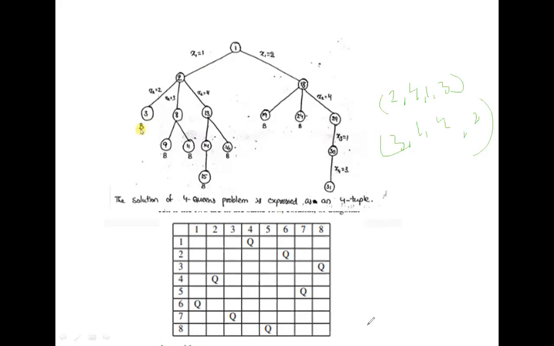You have to place queen 1 in the 4th column, queen 2 in the 6th column, queen 3 in the 8th column, queen 4 in the 2nd column, queen 5 in the 7th column, and queen 6 in the 1st column.